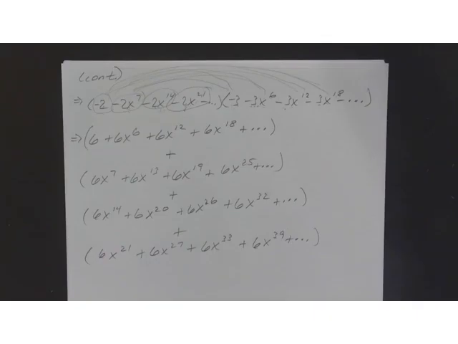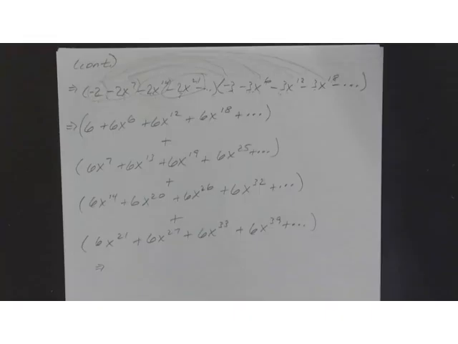So we're looking for the first four terms. Remember, they have to be in either ascending or descending order, so you can put them in either one. They'll usually tell you which order to put them in.